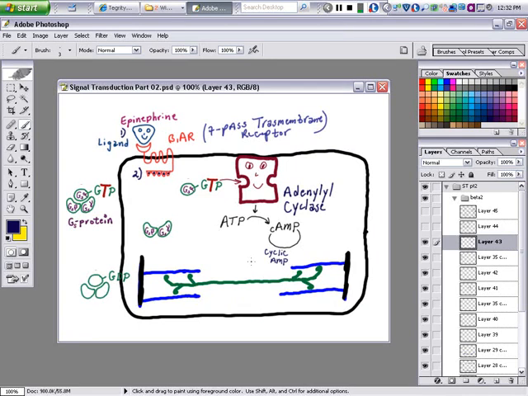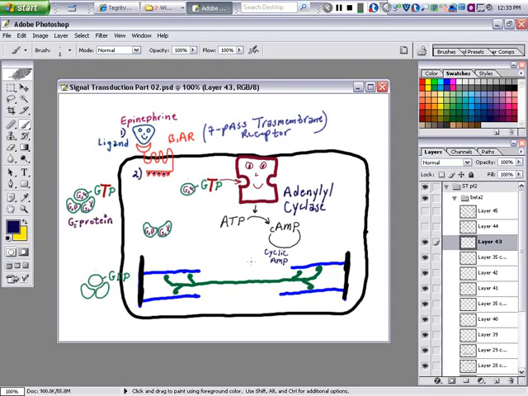They say, what's going on here? And then they decided, let's just take a heart cell, add some epinephrine to it, and then see what chemicals change their concentration inside that cell. What chemicals increase their concentration and what chemicals decrease their concentration.